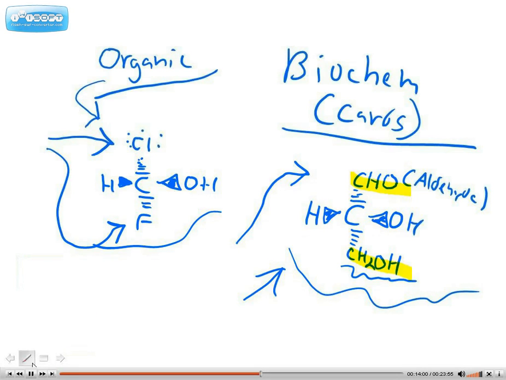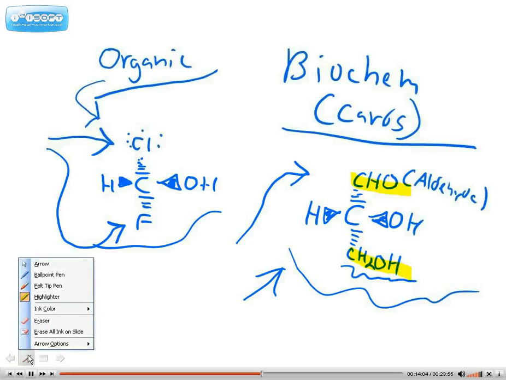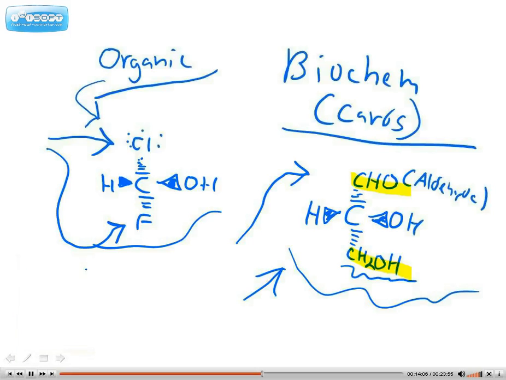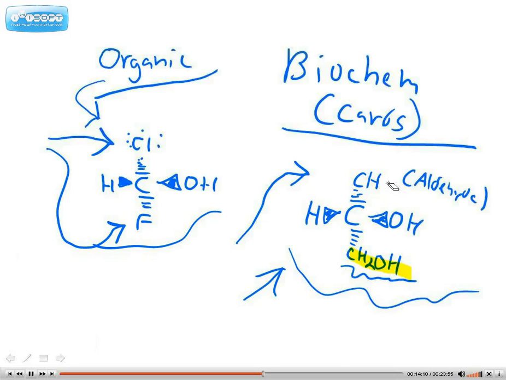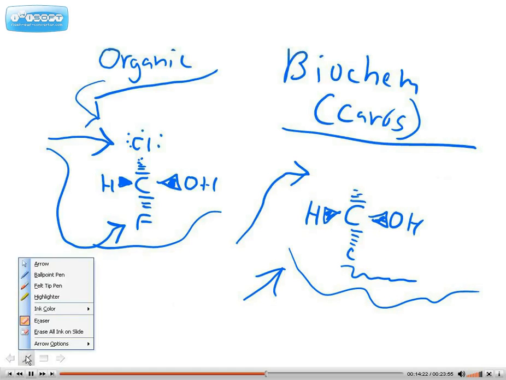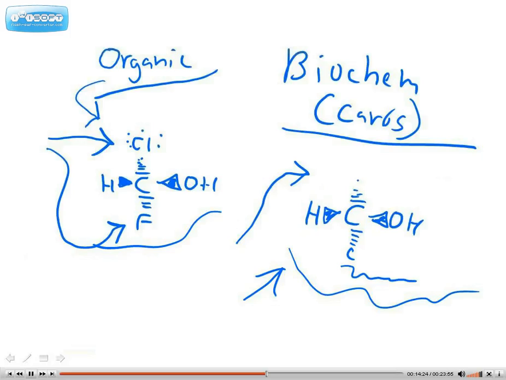Now, let me go ahead and erase this part right here, and I'll show you why the aldehyde would be a higher priority. There's a problem when it comes to naming: the atomic number. What happens if we have a tie?